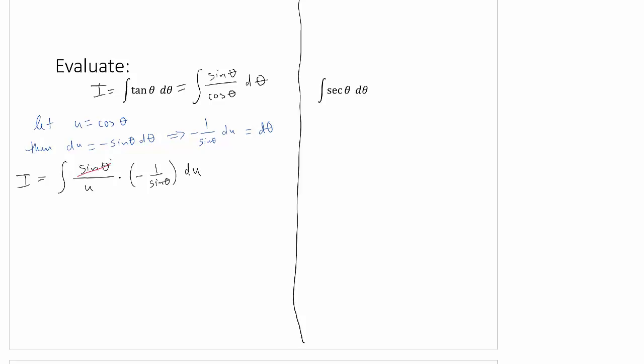The sine thetas reduce out, and I can bring that negative to the outside of the integral, so I have negative integral 1 over u du. We've seen this antiderivative a couple times now, so this is negative natural log absolute u plus a constant. Substituting back, remember we let u equal cosine theta, so my integral is negative natural log absolute cosine theta plus a constant.